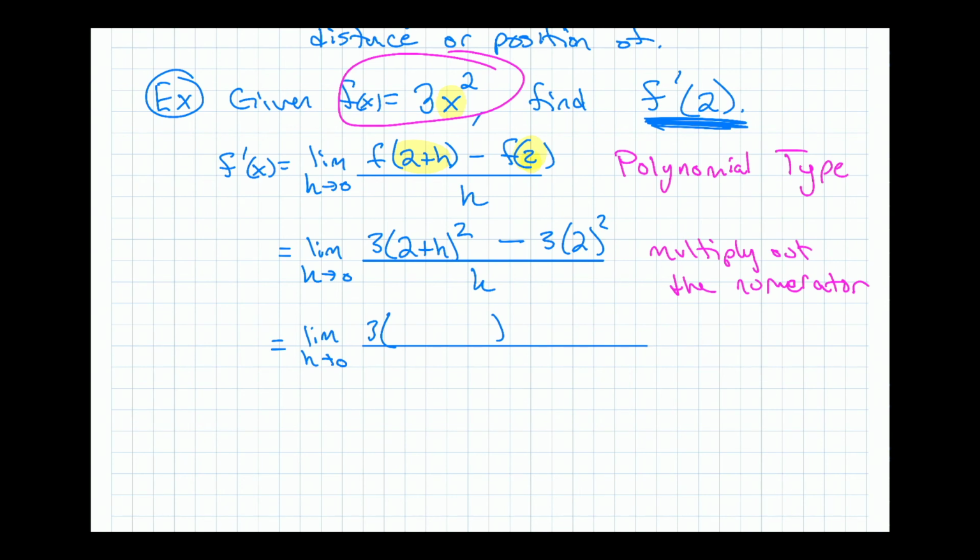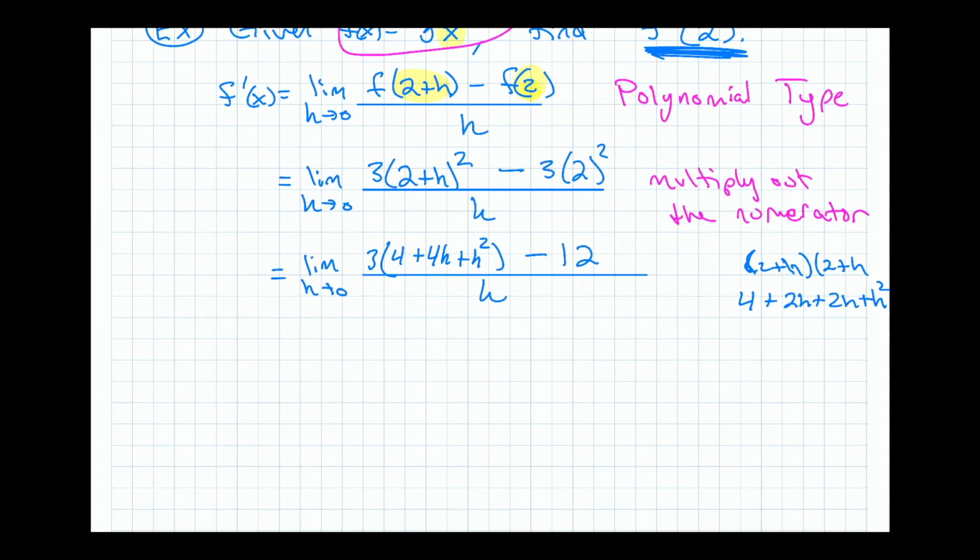So make sure you can multiply things like 2 plus h, 2 plus h. You'd get 4 plus 2h plus 2h plus h squared. So what you get is 4 plus 4h plus h squared minus, and then you got 3 times 2 squared. 2 squared is 4, 3 times 4 is 12.